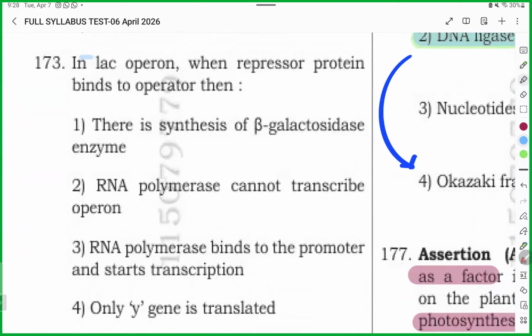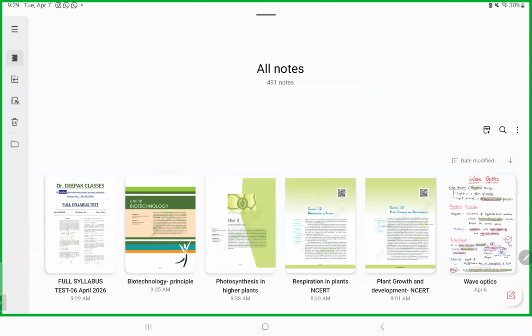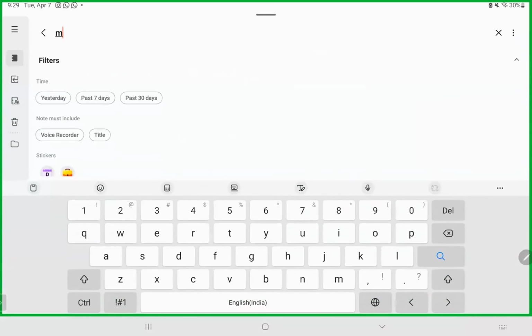This question: in lac operon, when the repressor protein binds to the operator, then what happens? Let me show you molecular basis of inheritance.